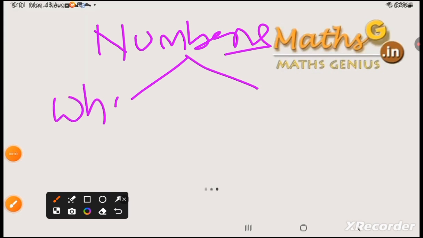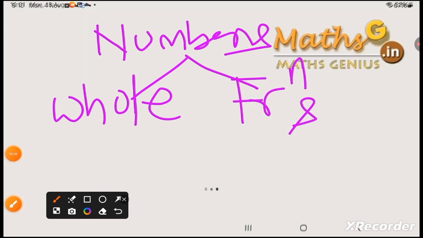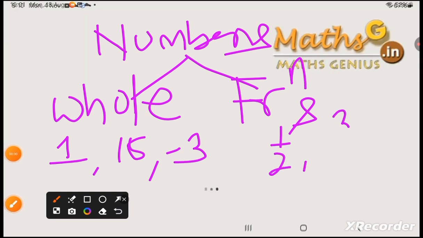Certain numbers are whole numbers, whether positive or negative, and the others are fractions. Examples of whole numbers: 1, 15, minus 3. Examples of fractions: 1 by 2, 3 by 9. 8 by 4 is also a fraction, but it will come up as a whole number. We will see it later.